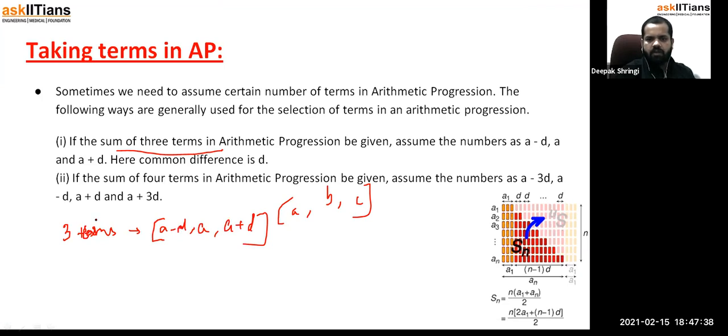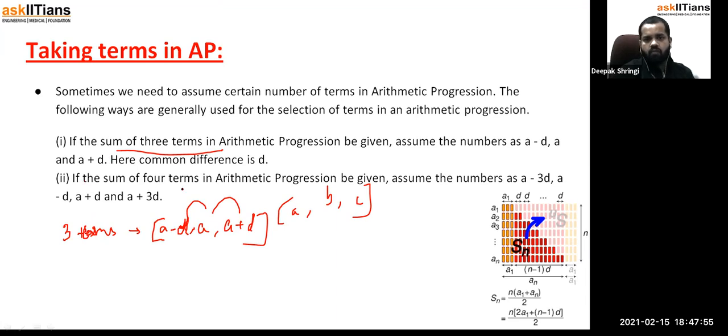What is common difference? Common difference is second term minus first term, or third term minus second term. So the basic common difference is your next term minus your previous term.